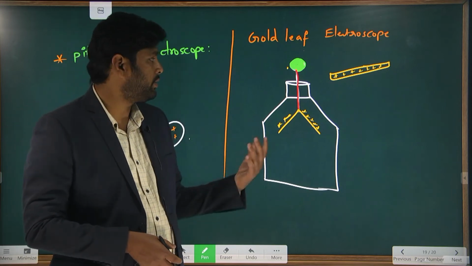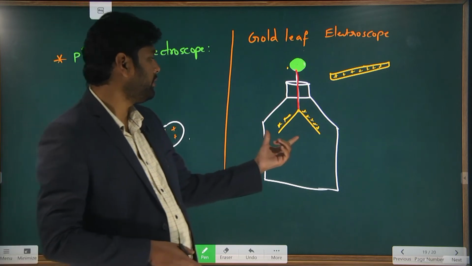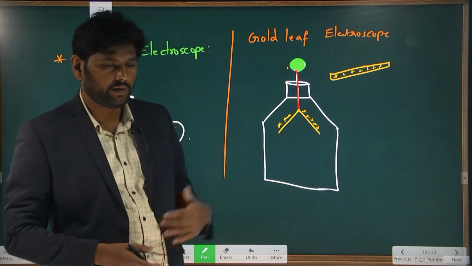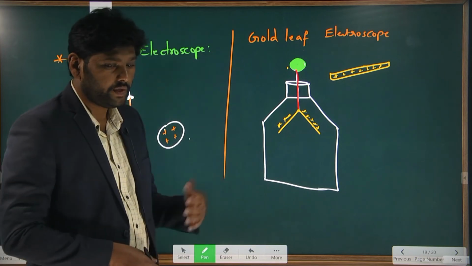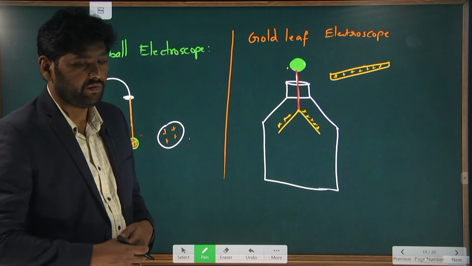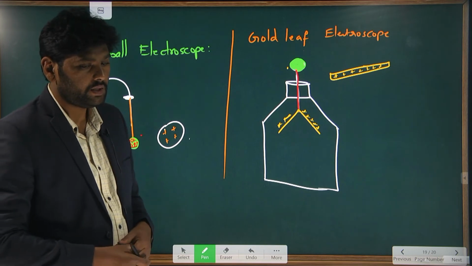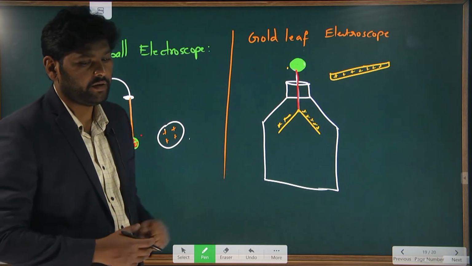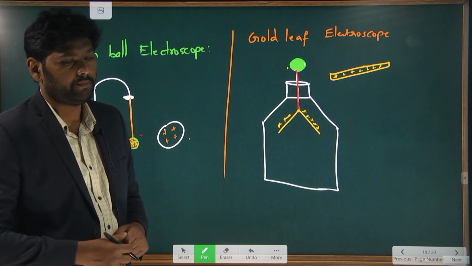But here, using gold leaf is very costly, so we need to do it carefully. Understand? So this is how we can identify a charged body.